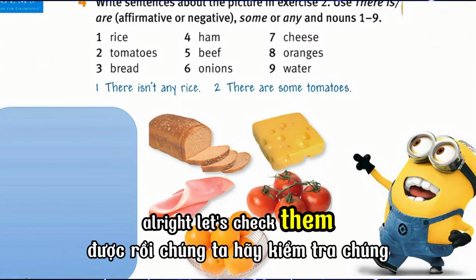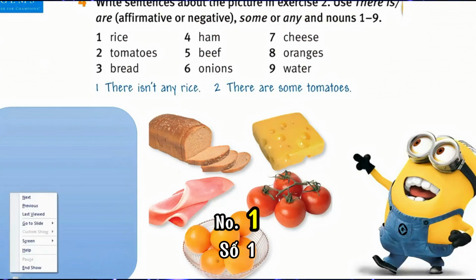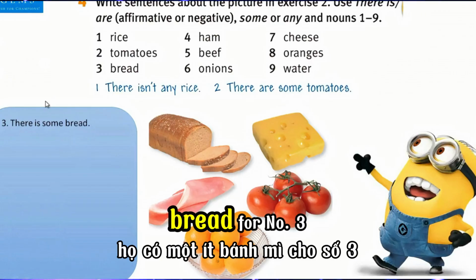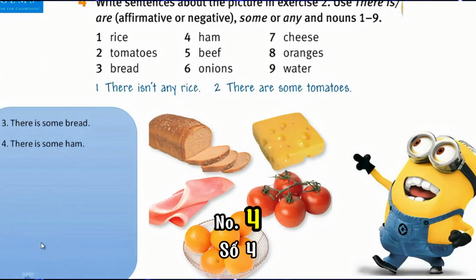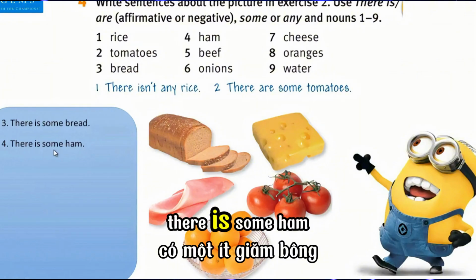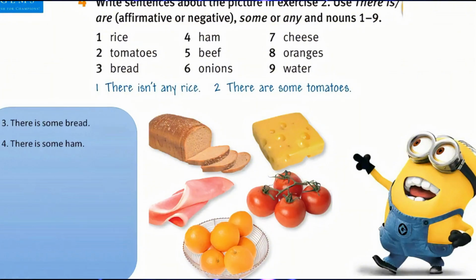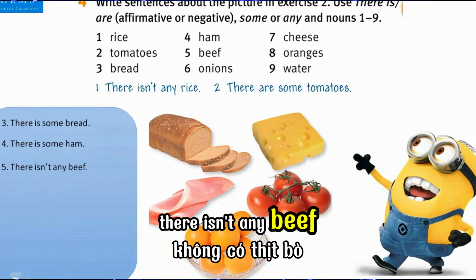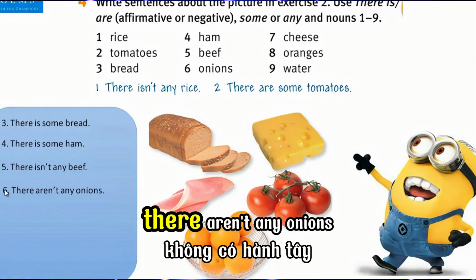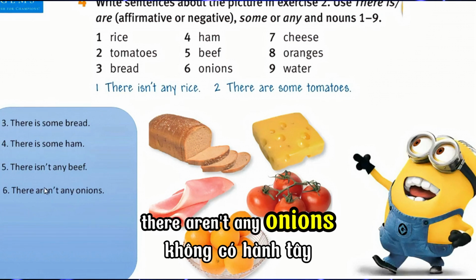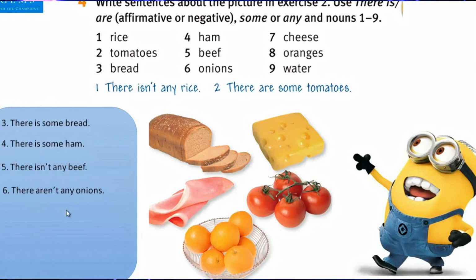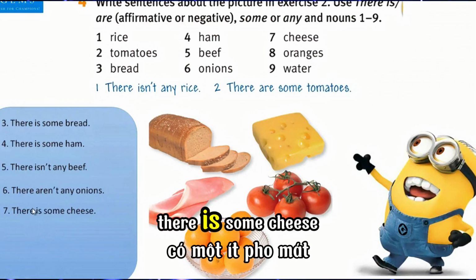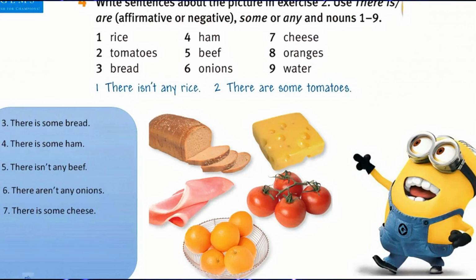Alright, let's check them. Number 1. There is some bread. For number 3. Number 4. There is some ham. There isn't any beef. There aren't any onions. There is some cheese.